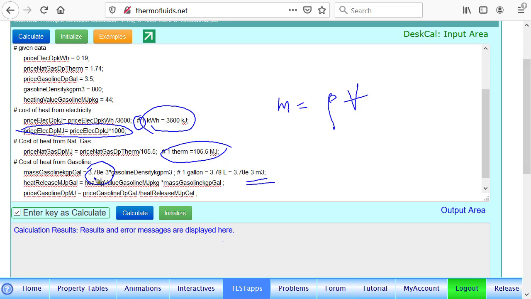That volume multiplied by the density gives the mass of 1 gallon of gasoline. Therefore, the heat release from that gasoline, million joule per gallon, is the mass in 1 gallon multiplied by the heating value. That is, when you burn 1 kg, how much heat is released, which is 44 million joules. So we found the heat that will be released from 1 gallon. We already know the price of 1 gallon. So dollar per million joule is simply how many dollars we paid for 1 gallon divided by how much heat is released from 1 gallon. That ratio is our answer.